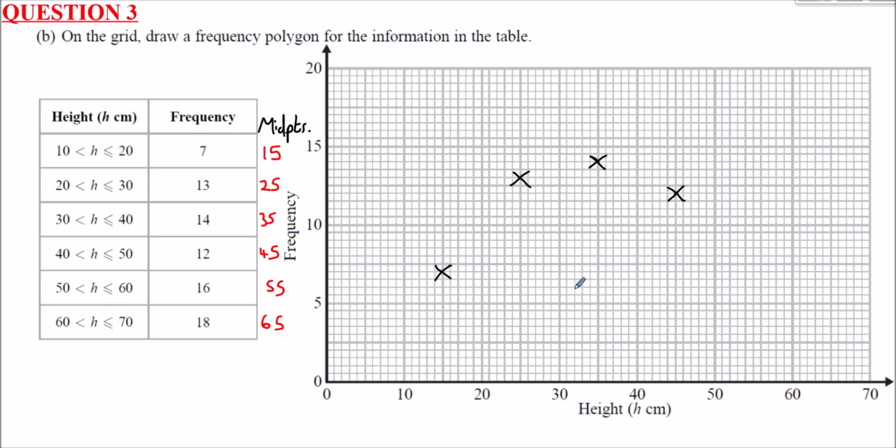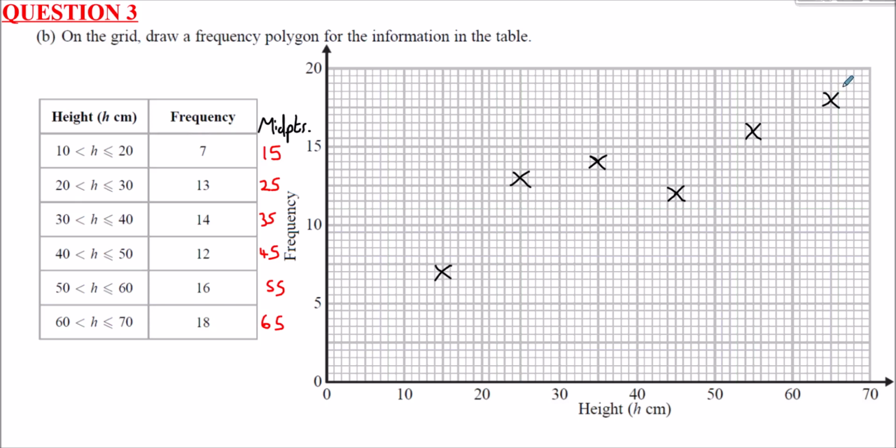Then 55 and 16, so start at 50, go along to 55, so 1, 2, 3, 4, 5 is here, then up to 16, that's 15, another 2 goes to 16. Then finally 65 and up to 18, so the final one would be there.